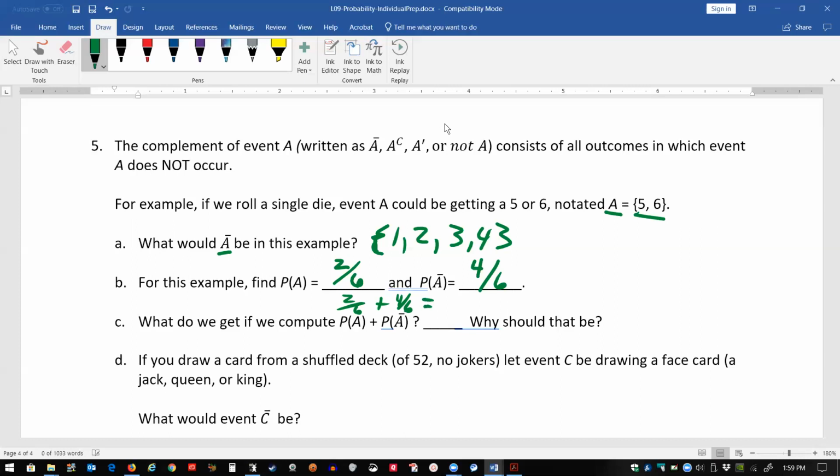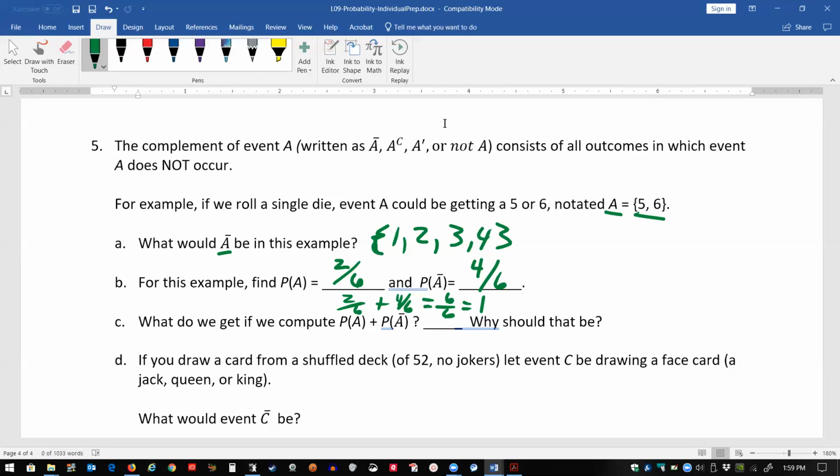Well, 2/6 plus 4/6 gives me 6/6, which is 1. Okay? So when I add up the probability of an event and the probability of its complement, I will always get 1. Why is that? Because I have a 100% chance of having an outcome that fits in either the event or in its complement.